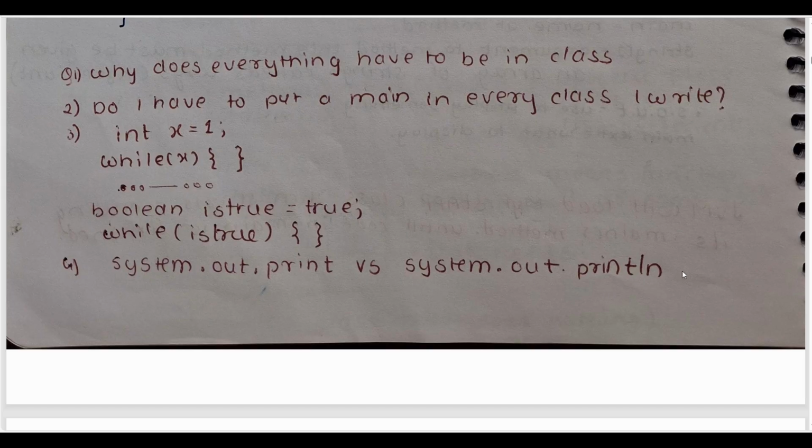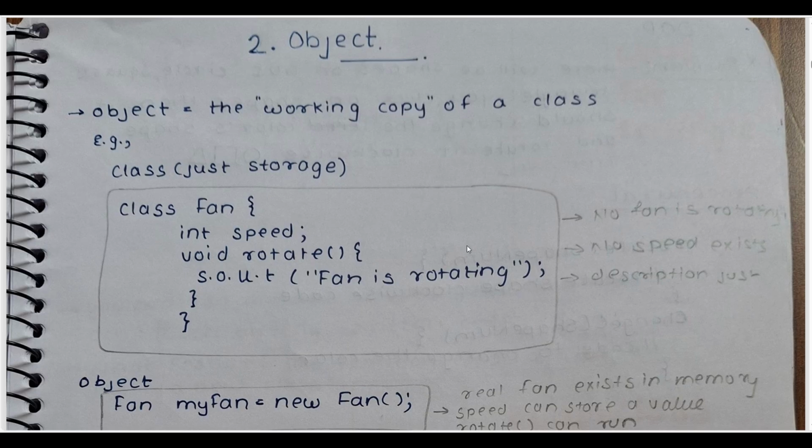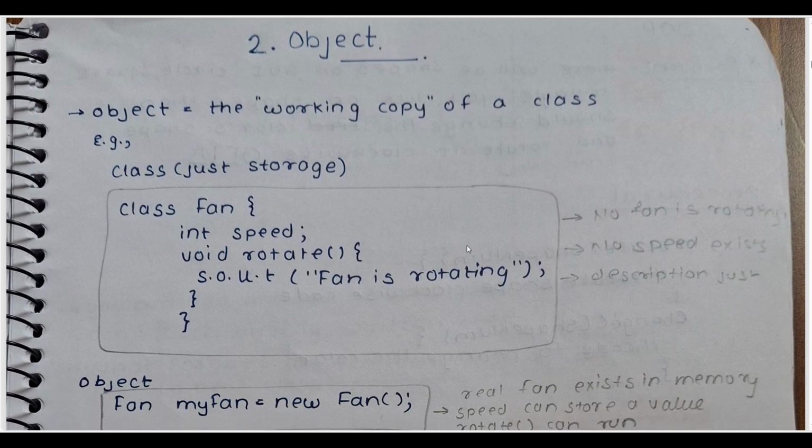You'll use this one more frequently to make your code or output more systematic. Now the second chapter is objects. We'll learn this in the next video because it will take some time. So stay tuned.